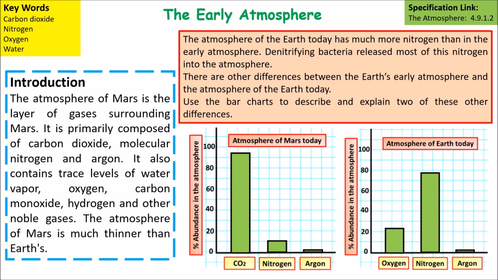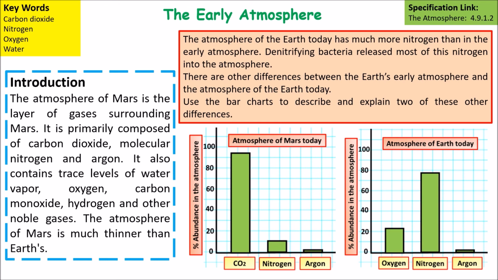If we look at another question, lots of questions compare the Earth's atmosphere with the atmosphere of Mars, right? They often do this by showing you a couple of graphs just so you can see the differences. A question might ask: the atmosphere of the Earth has much more nitrogen than the early atmosphere. There are other differences between the Earth's early atmosphere and the atmosphere today.